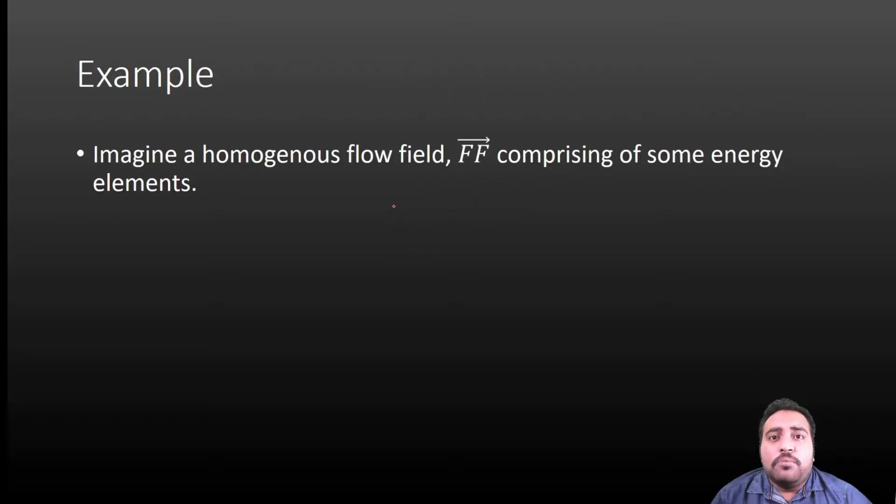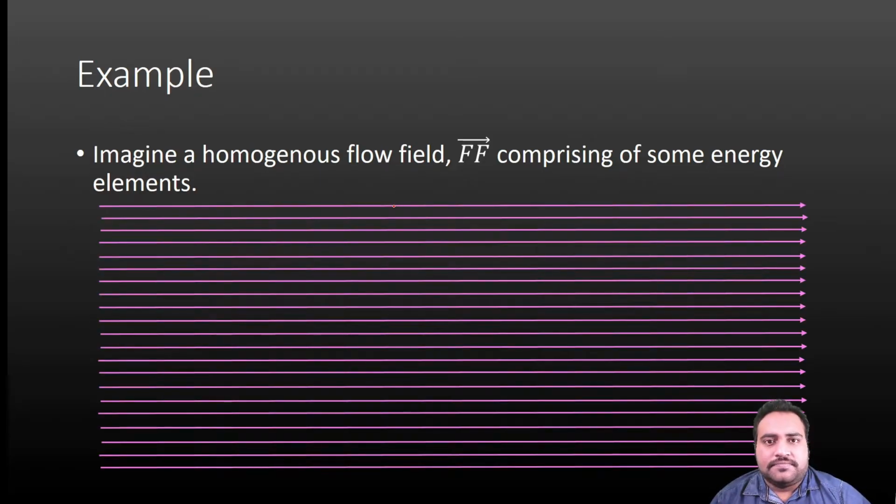Let us consider a homogeneous flow field. Flow is constant over a plane, and it is in one single direction. It is flow of some energy elements. Now, assume this to be the flow.